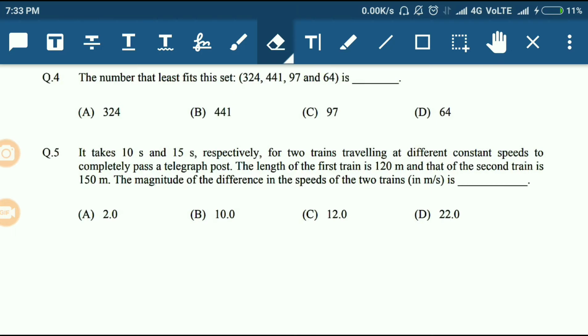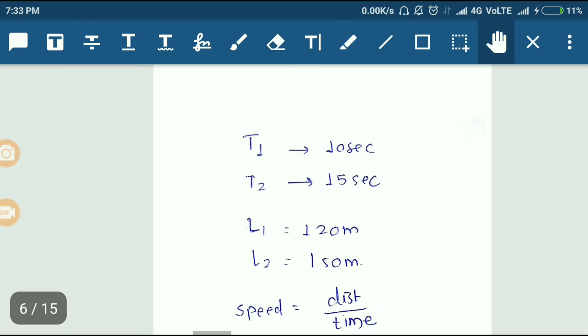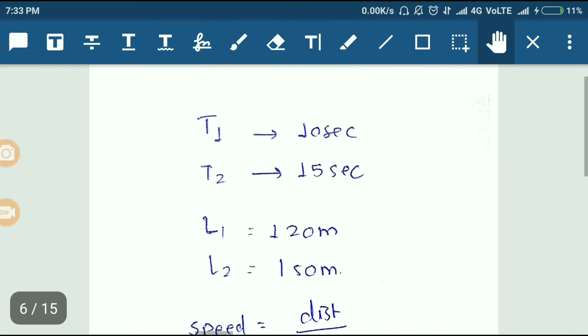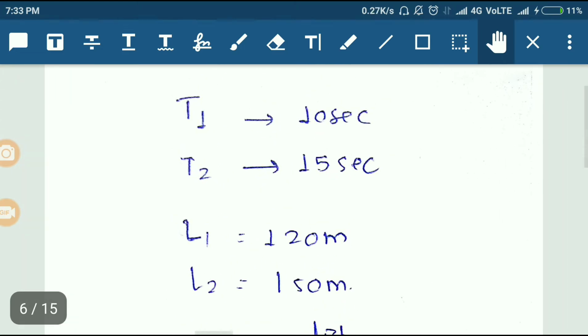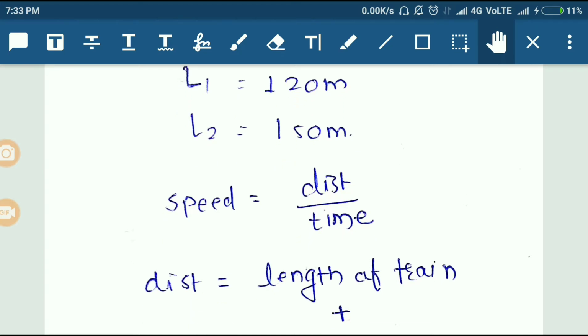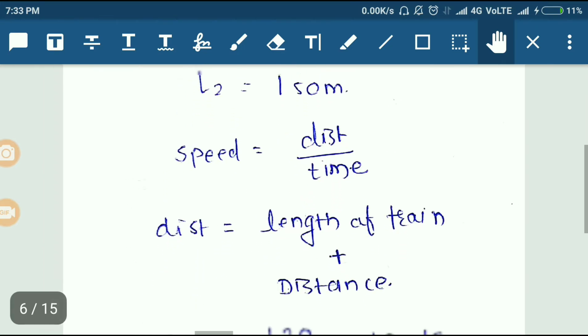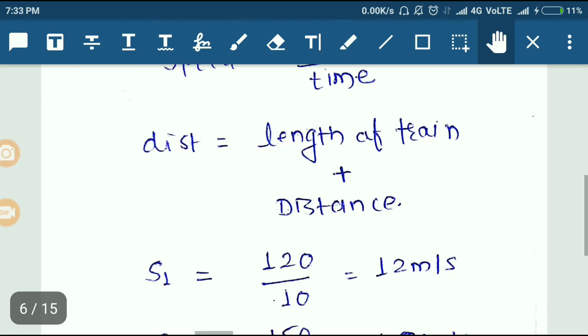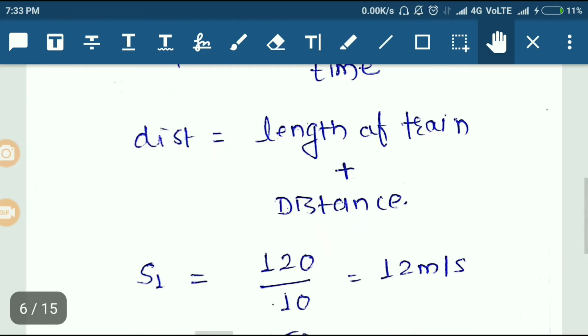I have already solved this question for you, so let's go through the solution. T1 passes the telegraph post in 10 seconds, T2 in 15 seconds. Lengths are given over here, and we know that velocity equals distance covered upon time required. So distance equals length of train plus the distance to the telegraph.